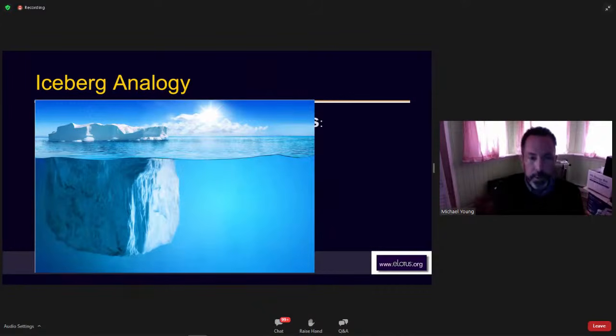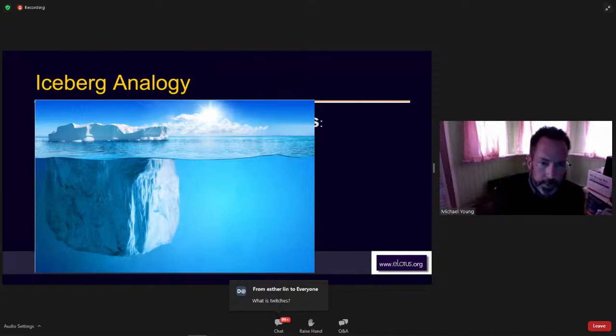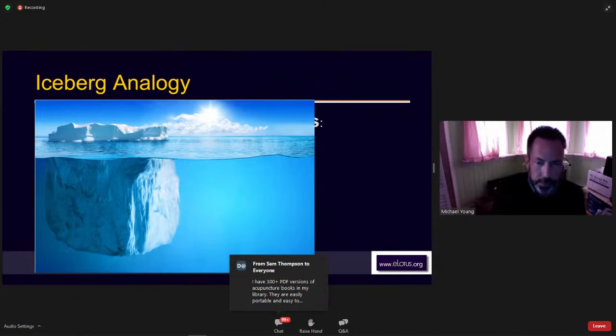So, the iceberg analogy in this situation: there are active trigger points and latent trigger points. If you think of the surface of the water as the surface of consciousness, then an active trigger point is one that patients feel, and that can be considered the top part of the iceberg. And then the latent trigger point is the part that's hidden from consciousness.